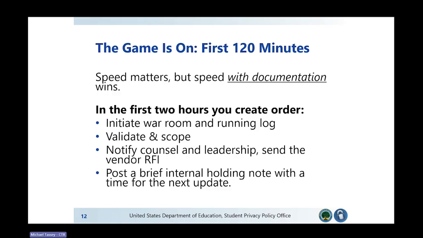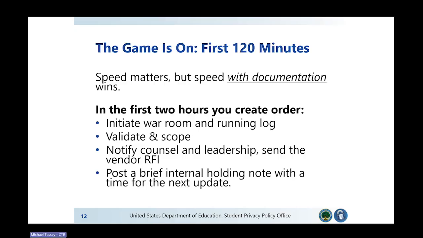Because remember, these vendors, while they're their own organization, are acting for or on behalf of your district, your school, or your college, respectively. So, in many ways, the parents and regulators are going to look to you to make sure that from the organization's perspective, you did your due diligence.